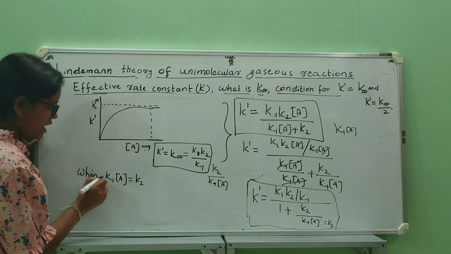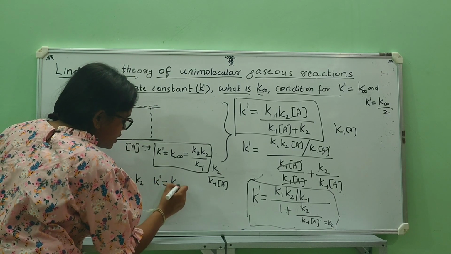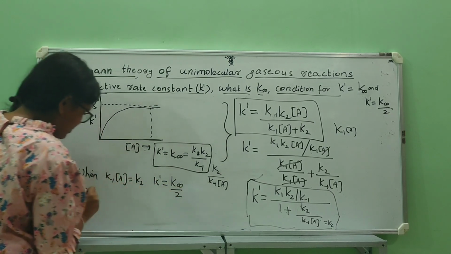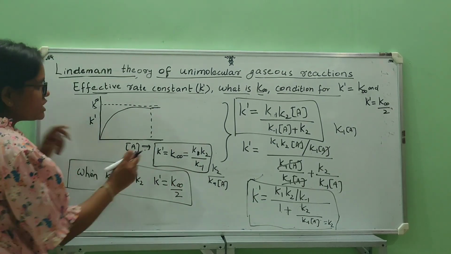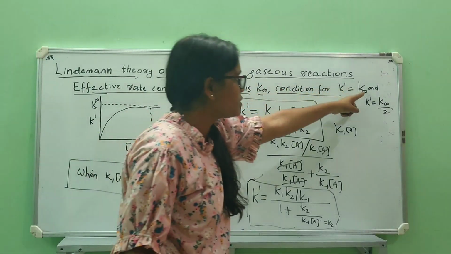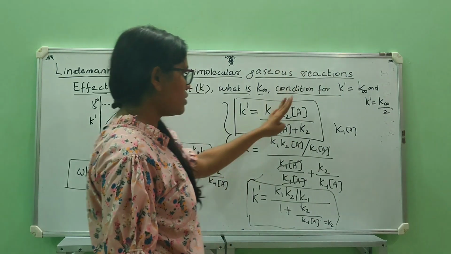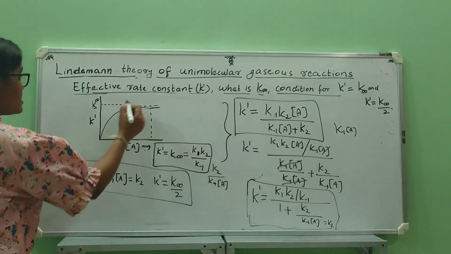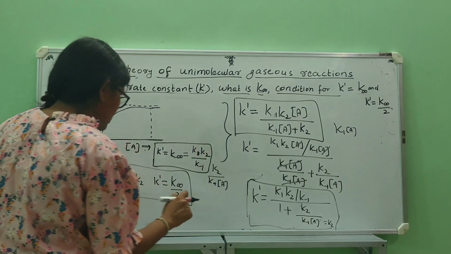When K minus 1 into A is equal to K2, K dash is equal to K infinity by 2. So these two topics are very important. The conditions for K dash to become K infinity and K infinity by 2 are very important for competitive exams, and this effective rate constant is also important. So pay attention while watching this, okay?